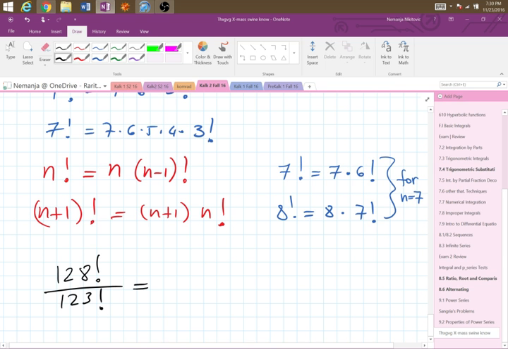But we are better than a calculator because we can peel off 128, 127, 126, 125, 124, and what's left is 123 factorial. And then you just multiply these 5 numbers on the calculator, you'll still get a huge number, right? But it's possible to compute.